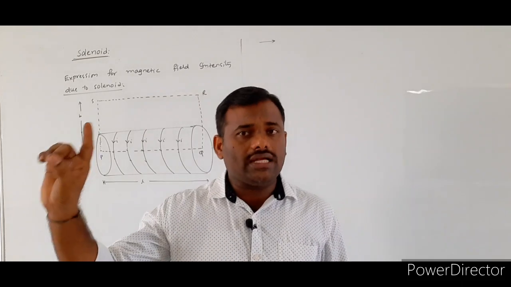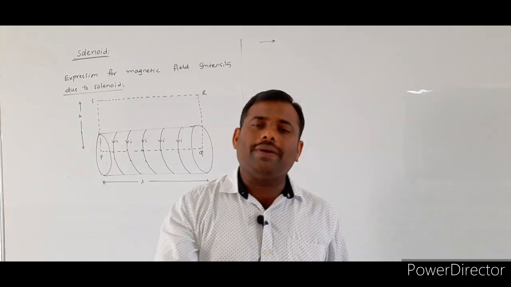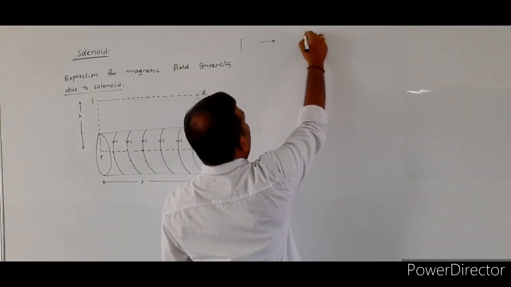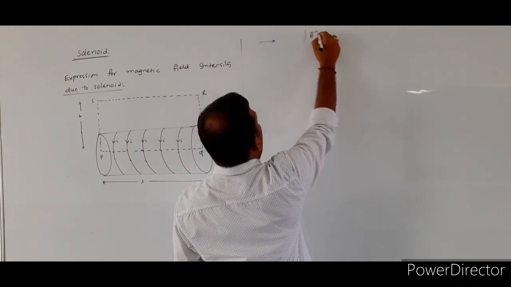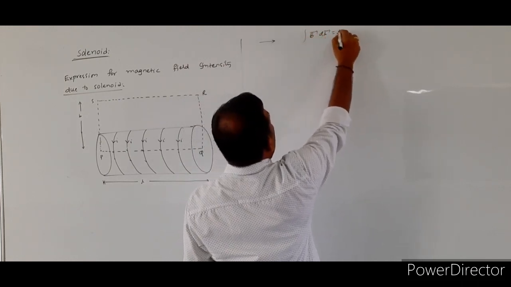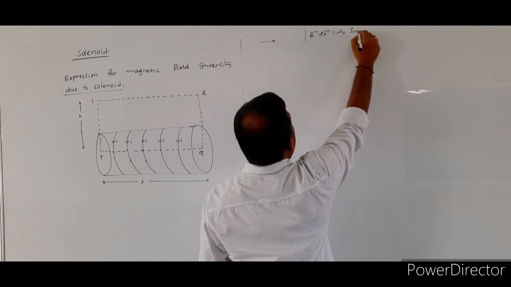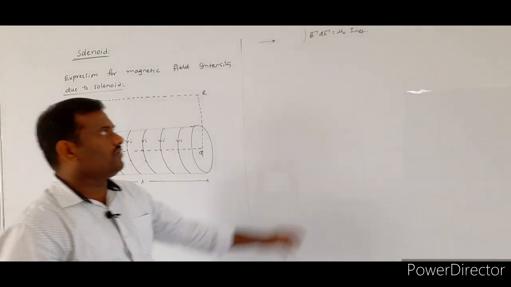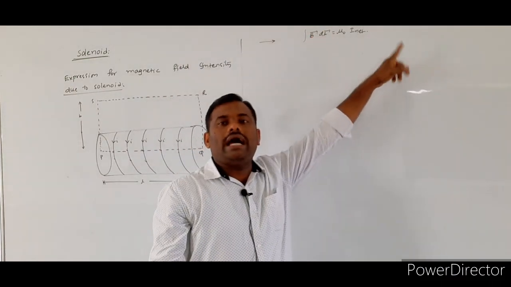For any closed loop, we have to apply the Ampere circuital law. So what is the formula of Ampere circuital law? Line integral of B dot dl is equal to mu naught into I net.